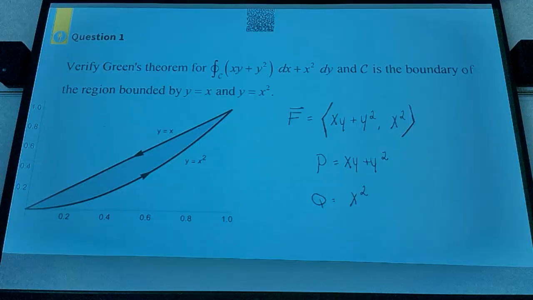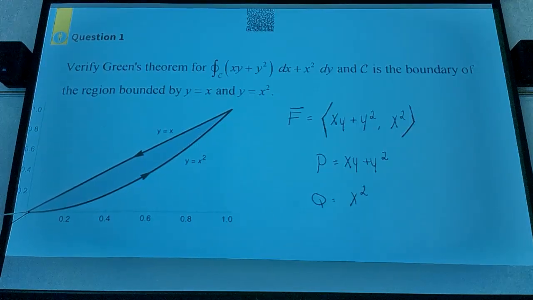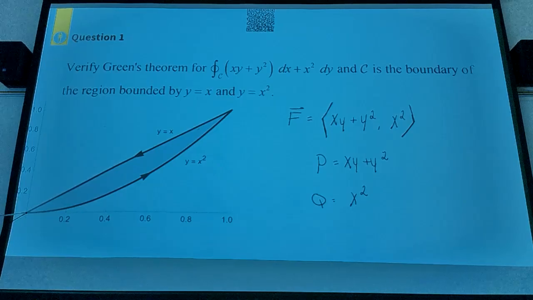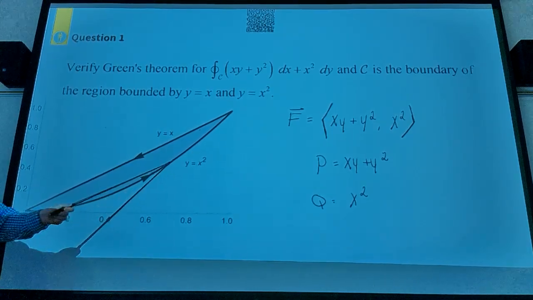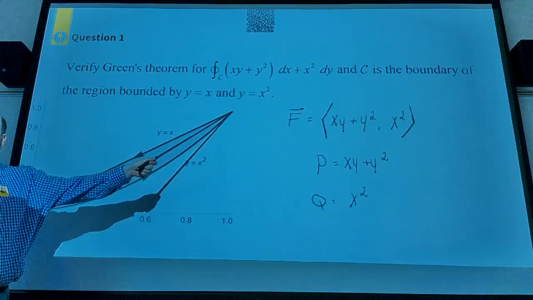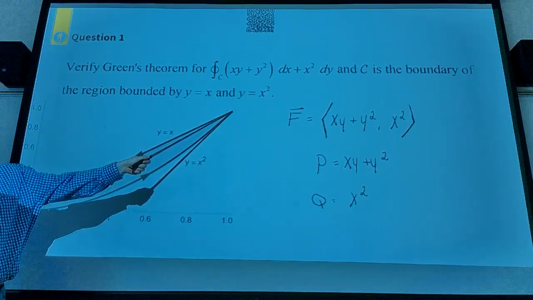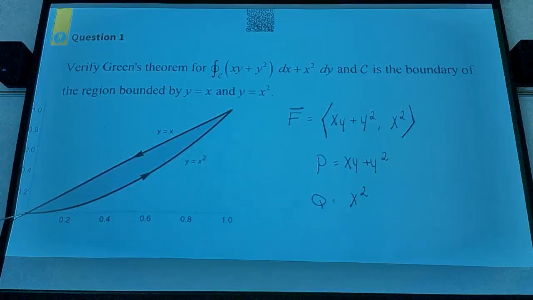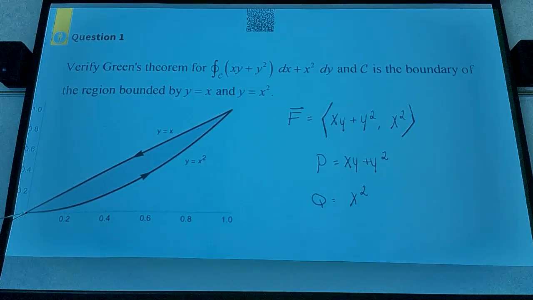So let's just start here at the origin. We say that is our starting point. C1 would be that curve, right? And then C2 is that return.